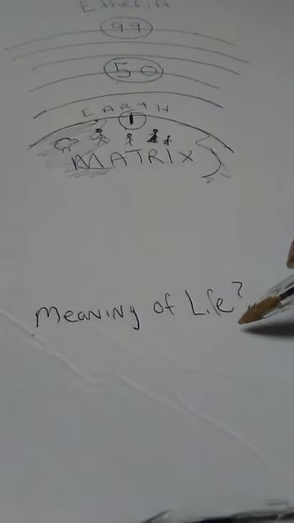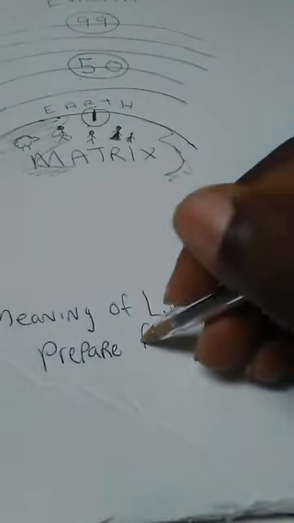Because, let me put at the bottom, what is the meaning of life? Okay. Listen to me good, guys. The meaning of life. What is the meaning of life? The meaning of life is to prepare for your death.